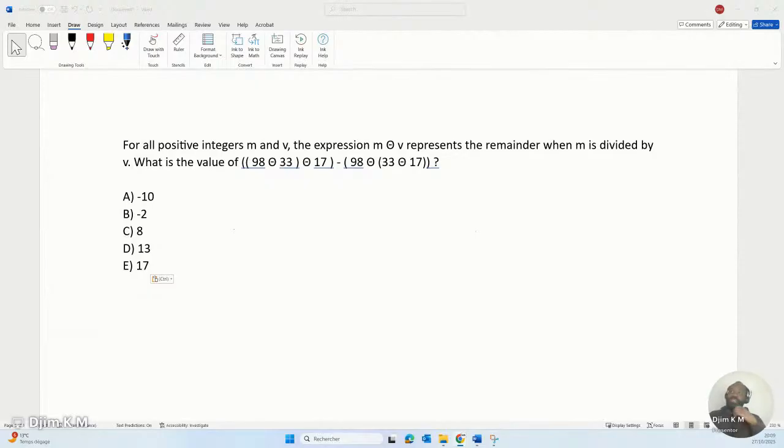So for all positive integers m and v, the expression represents the remainder when m is divided by v.